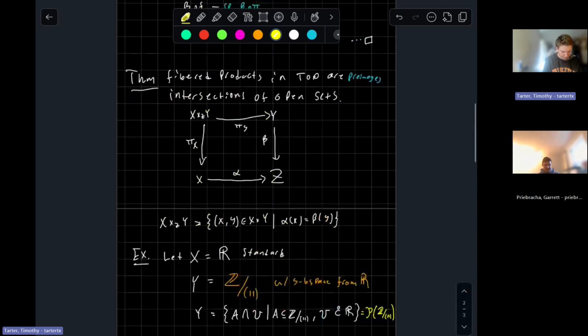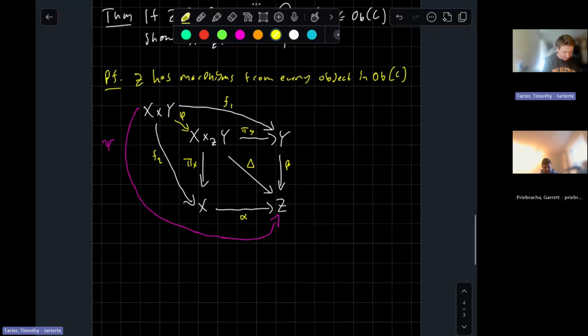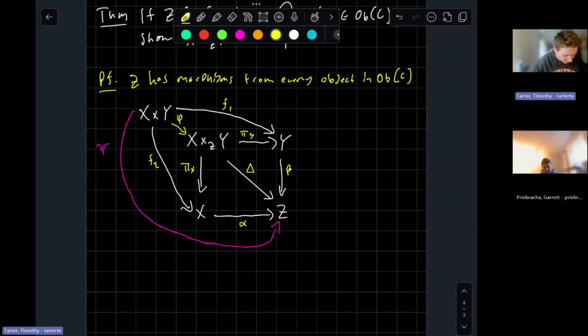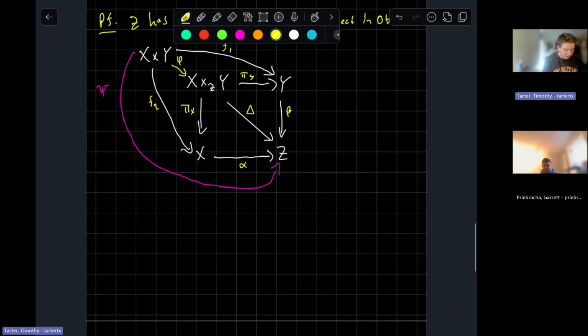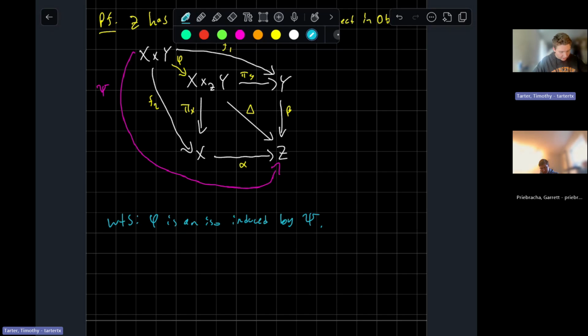And that is right? It's alpha on the bottom. So we want to show that phi is an isomorphism induced by psi. And actually maybe also delta.